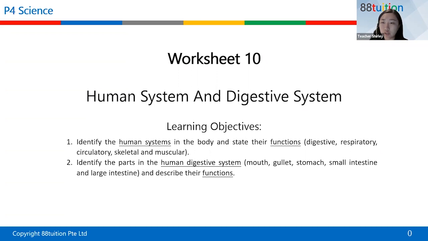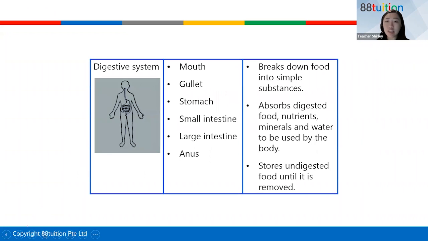It's okay if you know the content, but what's important, I was just sharing with Ashlyn just now, is that we need to know how to apply your knowledge onto these questions that you encounter. So let's just quickly do a recap of the digestive system.